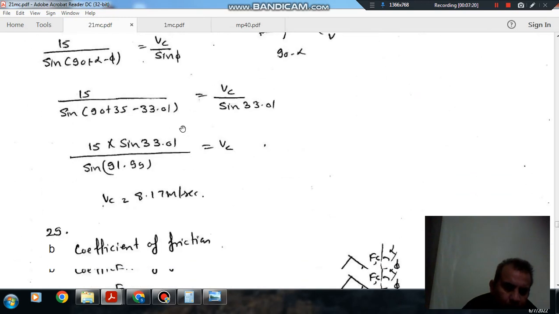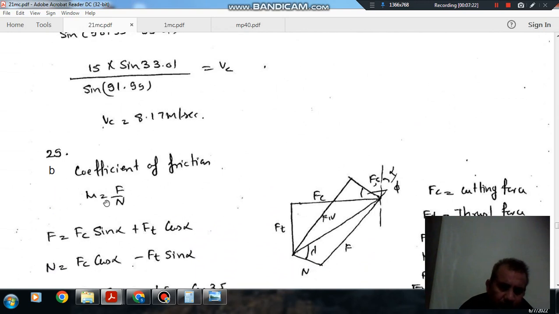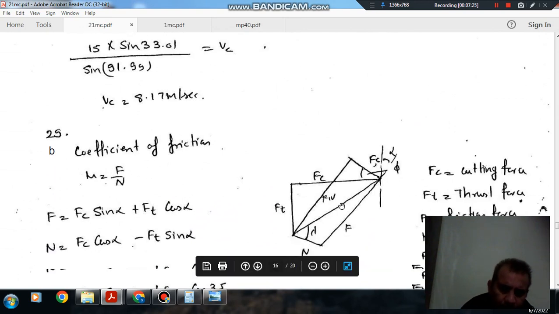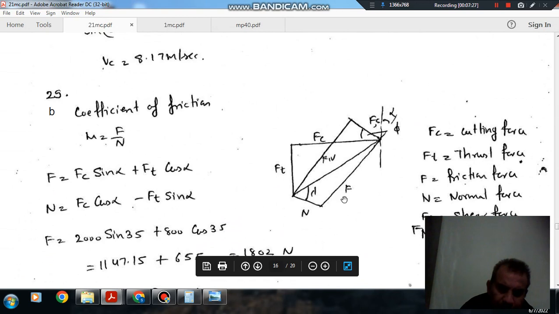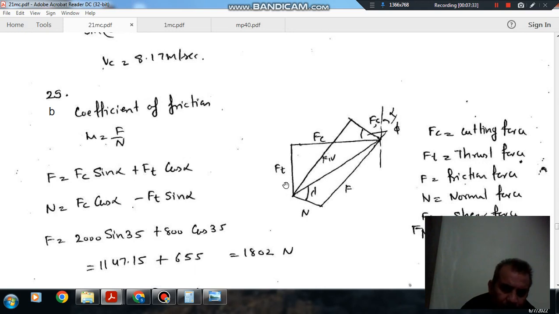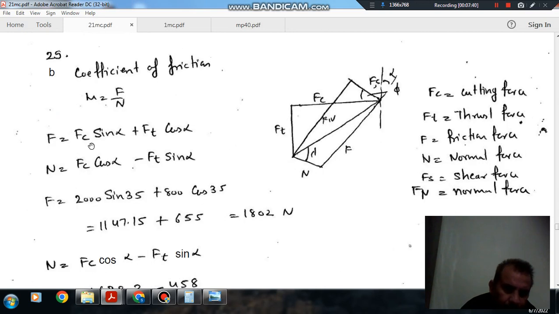Next is the coefficient of friction. The coefficient of friction can be found from the Merchant circle that we used in the previous question, that is F by N. So F by N is mu, and F in terms of FC and FT is FC sin alpha plus FT cos alpha, and N is FC cos alpha minus FT sin alpha.